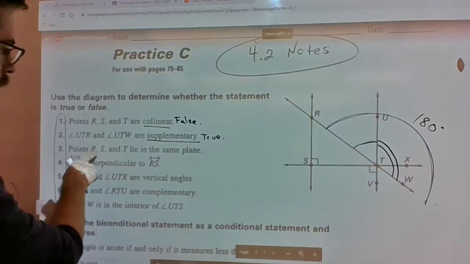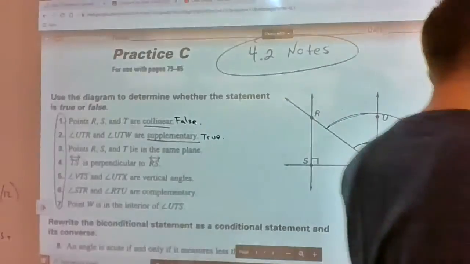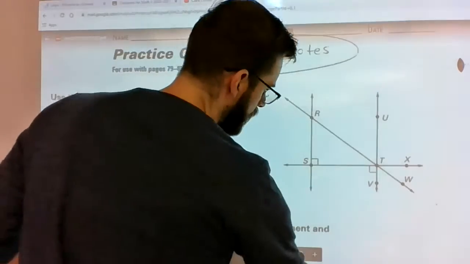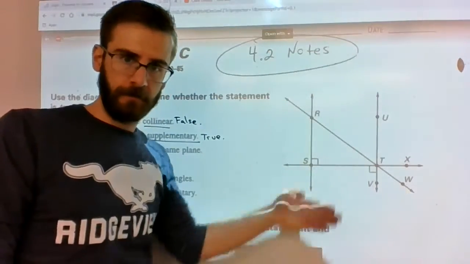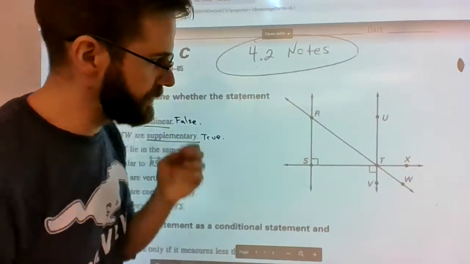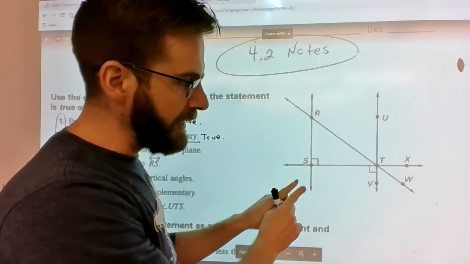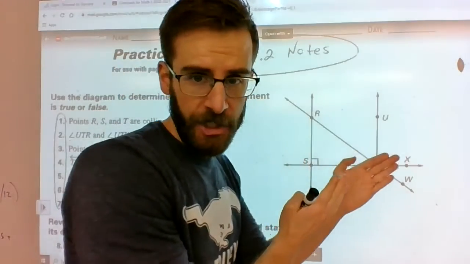How about points R, S, and T? Do they lie in the same plane? Well, think about this. This whiteboard is a plane, okay? Two dimensions. Now, there is nothing in this that would indicate that any of these points are in a third dimension, all right?